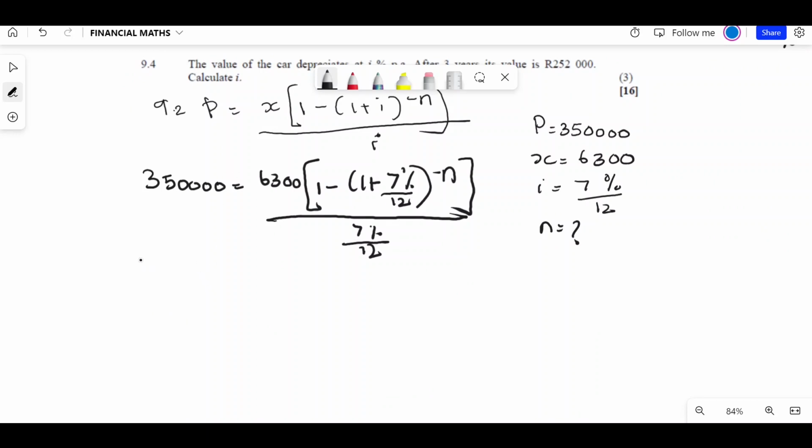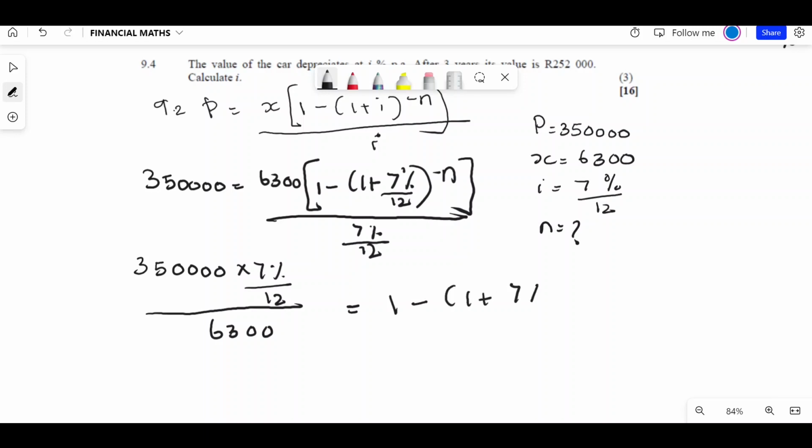So as usual, first we cross multiply: 350,000 times 7% divided by 12. When you cross multiply, you are left with this. Here you can divide by 6,300 now, so that will also be gone from the right hand side. What is remaining on the right hand side is 1 plus 7% over 12 to the power negative n.